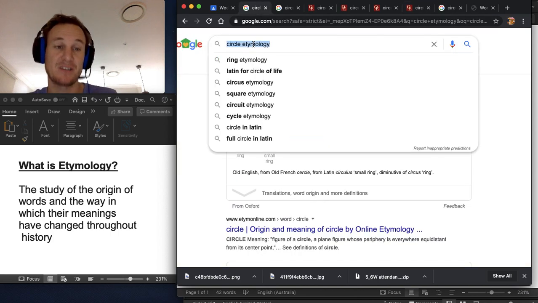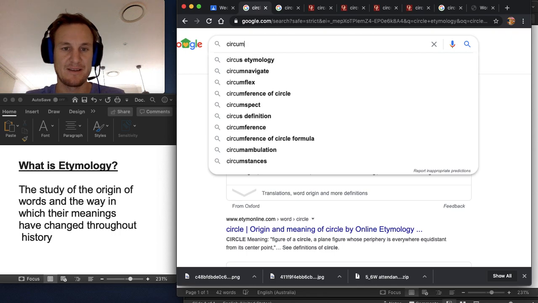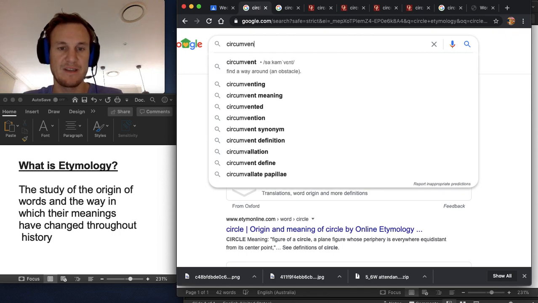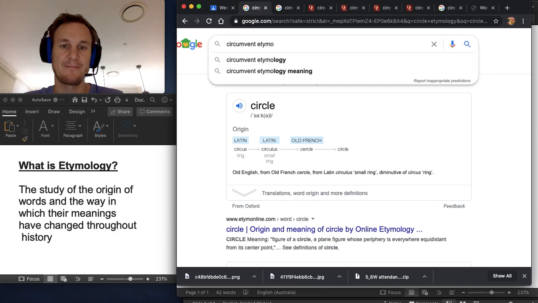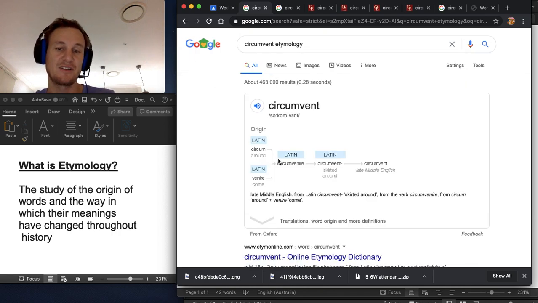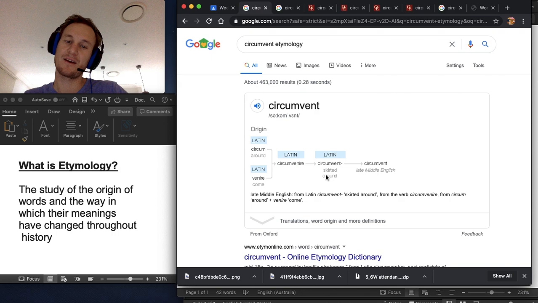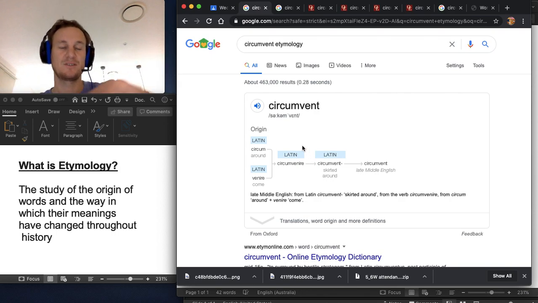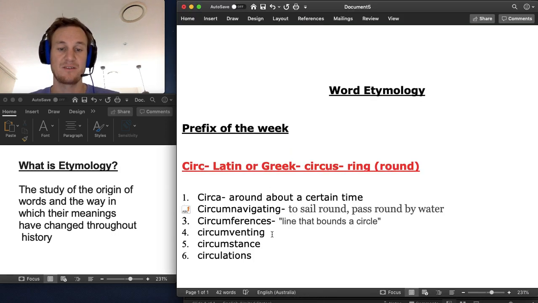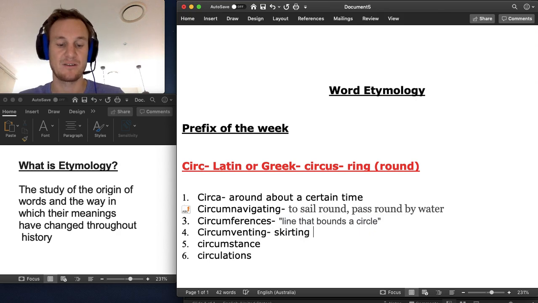But if I type in circumvent etymology, the derivation from the Latin word means skirted around. So basically you're deceiving someone by going around their back, like you're skirting around them. Even though you might not think that deceiving someone would have to do with the word round, circumvent actually means, literally from Latin, to skirt around someone. So basically just to deceive them. So circumventing would be skirting around.